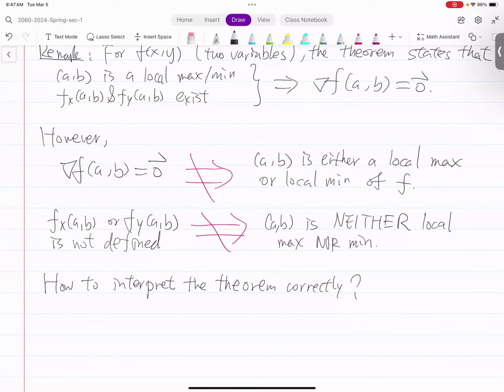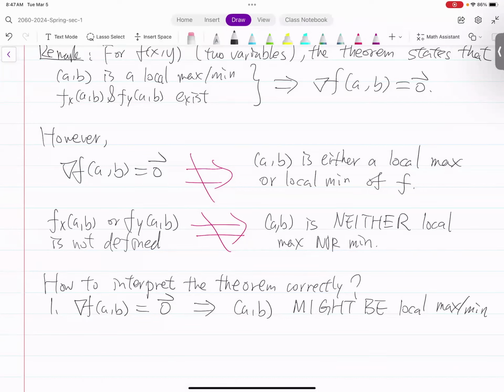Okay. So one, when the gradient at the point (a, b) is indeed the zero vector, then that tells you the point (a, b) might be a local extreme, local maximum.